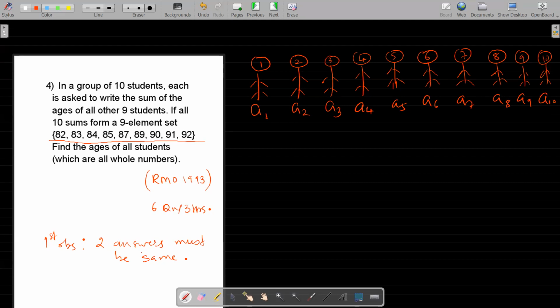Now, first student, what he'll answer? The sum of ages of second to 10th person, right? So let's say first student answers S1. What should be S1?